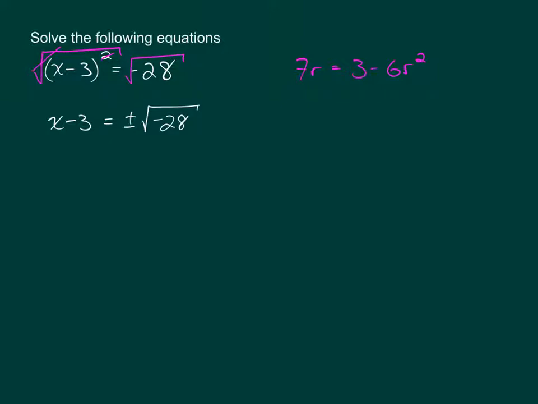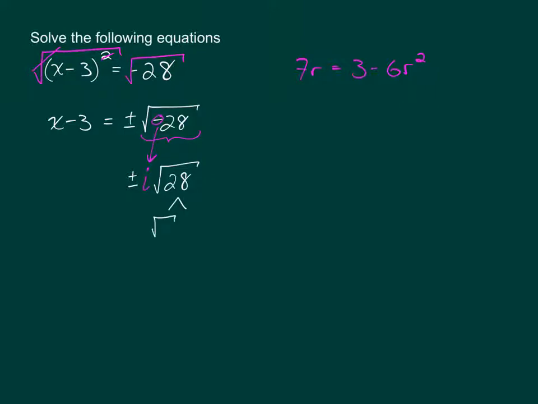Now before I go any further, I need to simplify this thing. It's just going to make life a lot easier. And I know that the negative will come out front as an i. And then I'm left with the square root of 28. And this is still going to have a plus or minus in front of it. So now I just need to simplify the square root of 28 if I can.